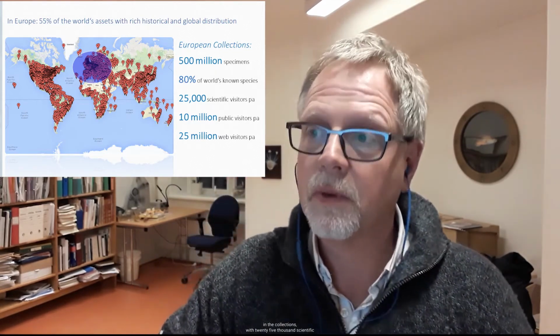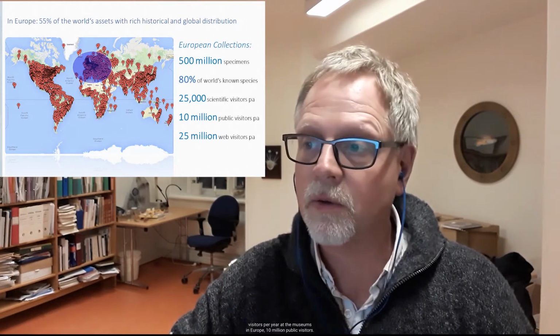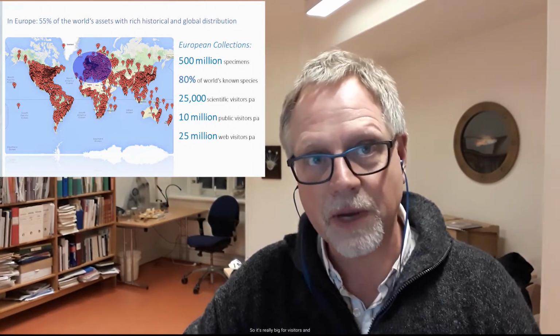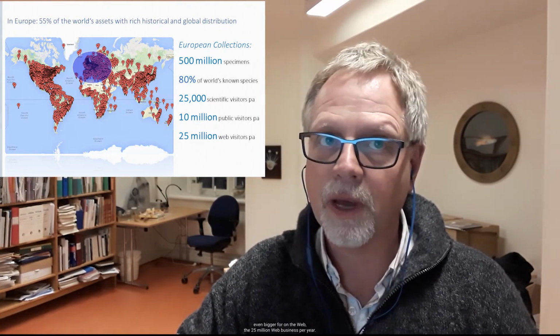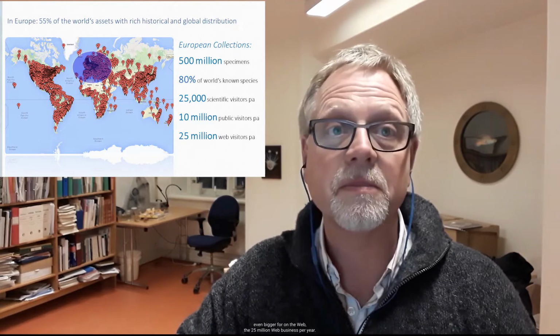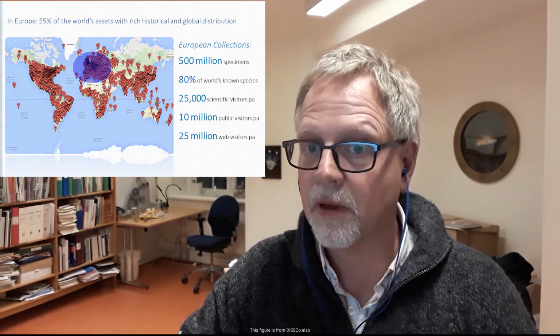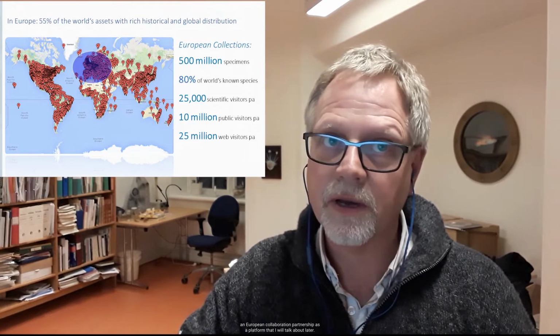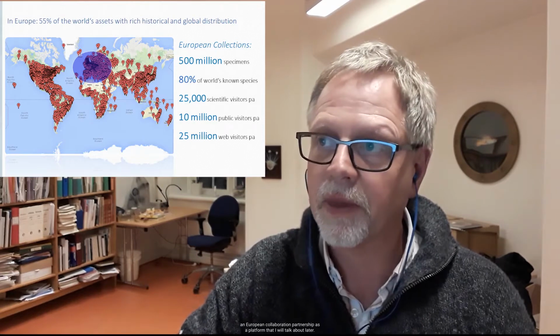And there are 25,000 scientific visitors per year at the museums in Europe and 10 million public visitors, so it's really big for visitors, and even bigger from the web, with 25 million web visitors per year. These are some figures from DiSSCo, also a European collaboration partnership and platform that I will talk about later.